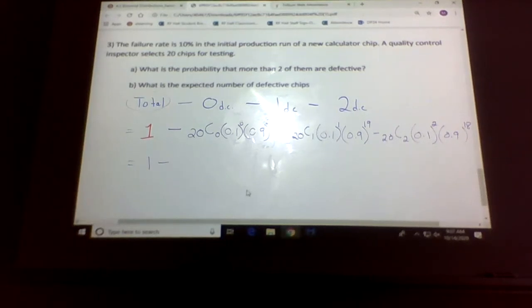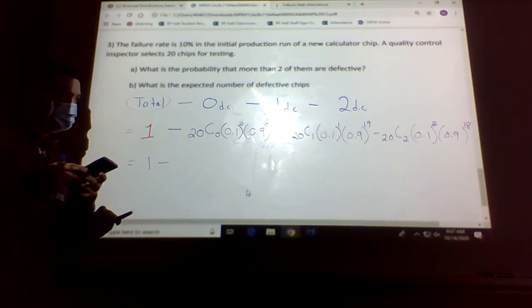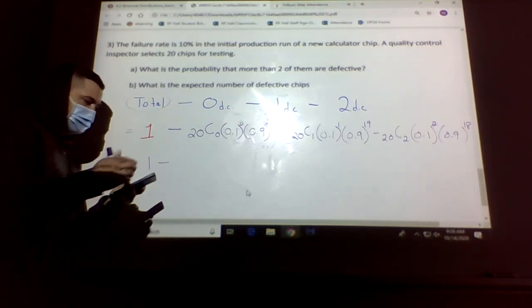I haven't got these answers written down, so I gotta calculate them. 20 choose 0 is 1, by the way. So 0.9 to the power of 20.